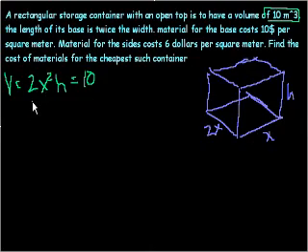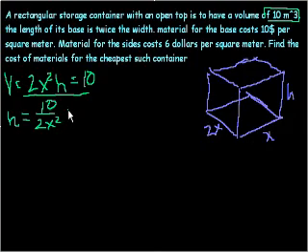Right? Let's divide both sides by 2x squared. And so what do we get? If we take this equation, we divide both sides by 2x squared, we get h is equal to 10 over 2x squared, which is equal to 5x to the minus 2 power.